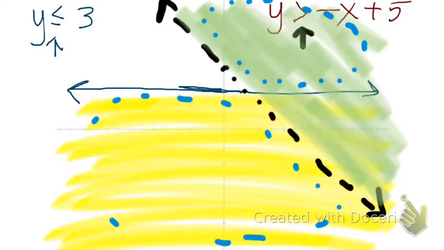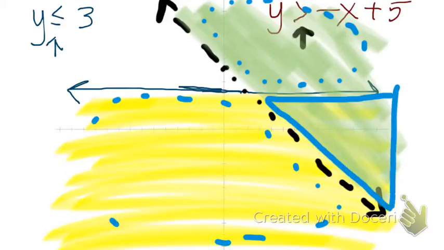But notice this section right here is both yellow and green. That's where the shading is overlapped. That is the solution area to the system. So you can choose any coordinate point inside that blue triangle I just created, plug it in and solve it, and those inequalities will hold true.